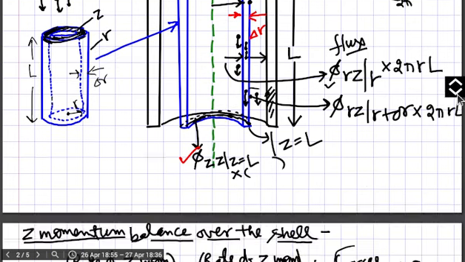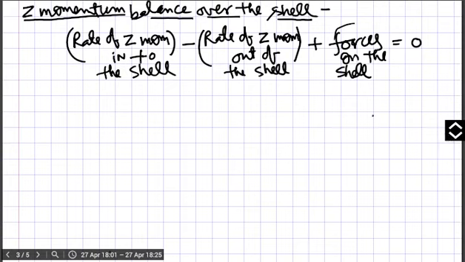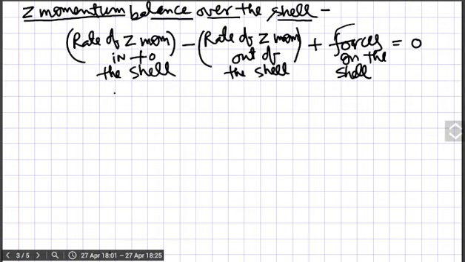I am writing it here. So we will write here the momentum that is going in through the R surface and through the Z surface, and the momentum that is coming out through the R surface and through the Z surface. So now we can write these things.